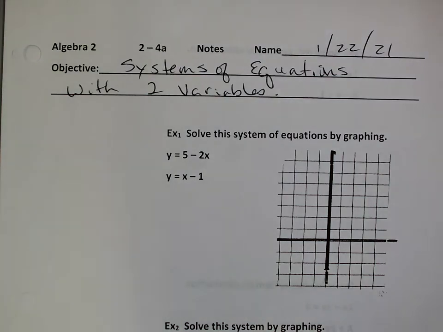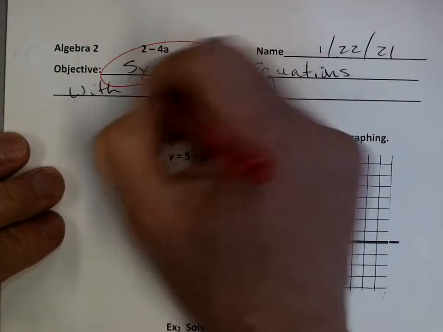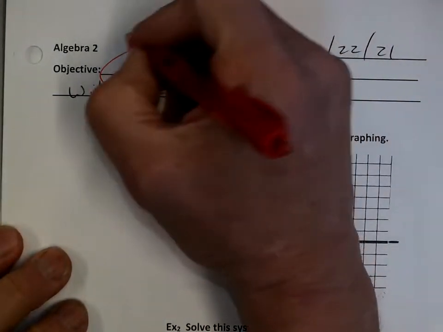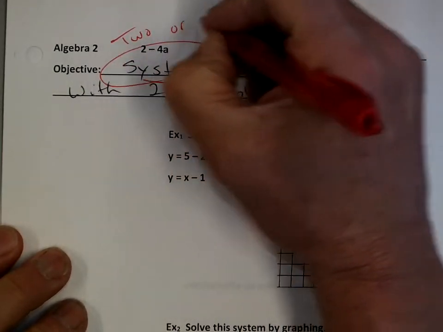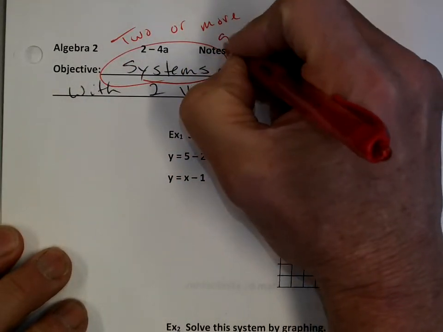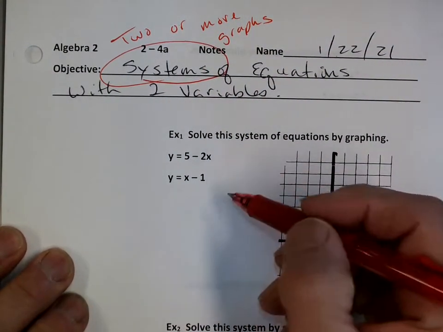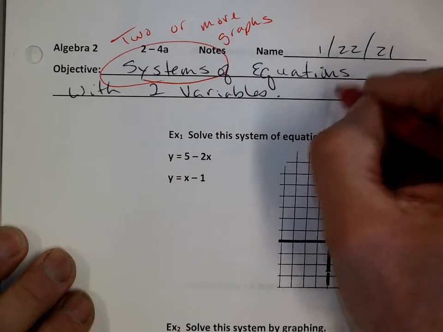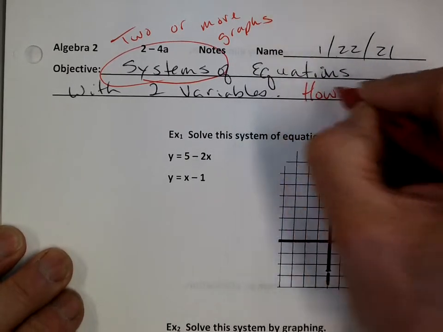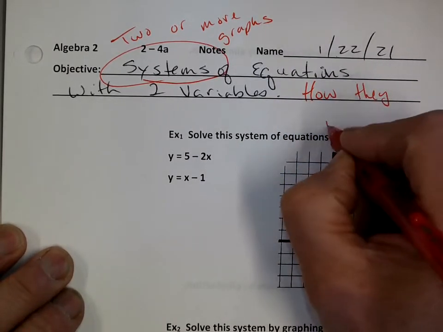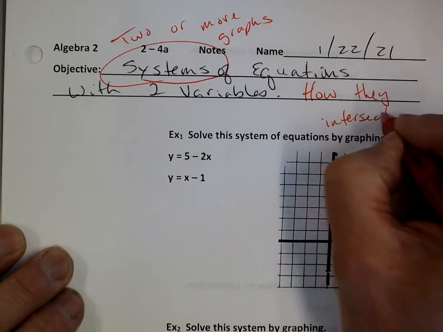Systems of equations basically means two or more graphs together. And then with two variables, that's just the x and the y, right? And so our goal is to find out how they intersect, okay?